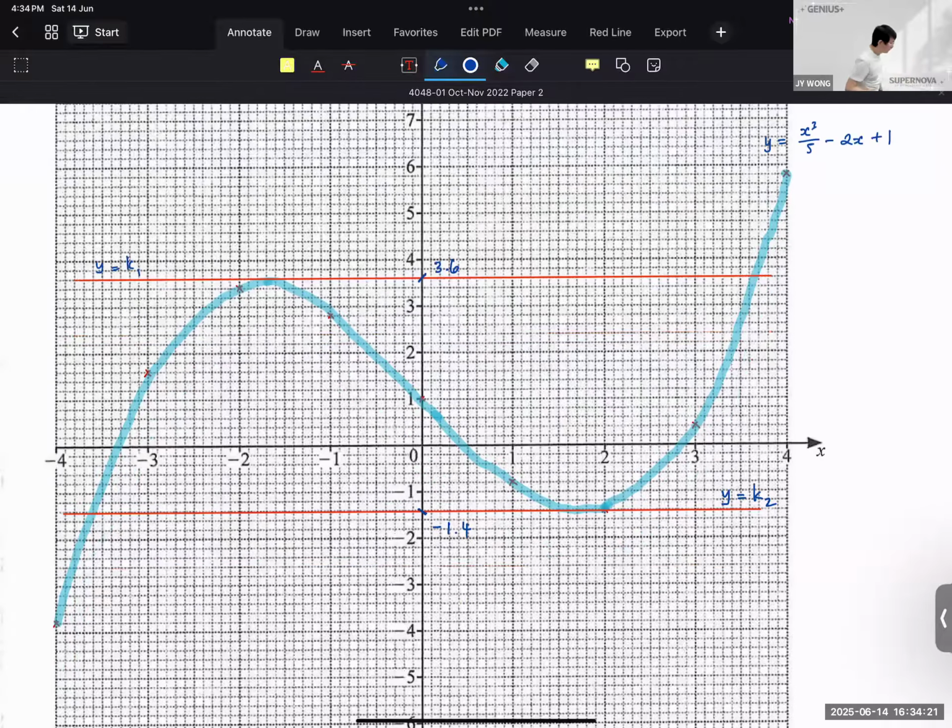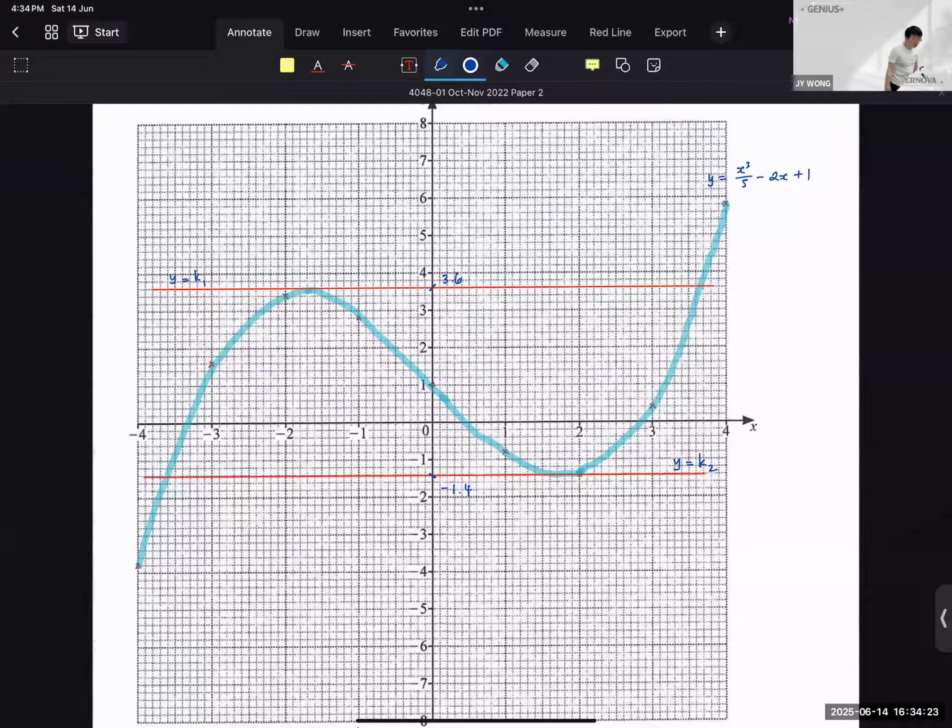Can somebody check the answer key and see what the computer solution is? I want to see how far my graph is off the computer solution. I have 3.6 and negative 1.4. Negative 1.4 or 3.4, is it? So I'm very, very close.